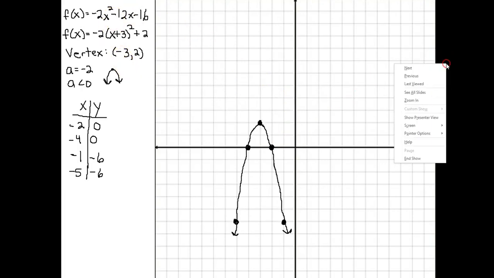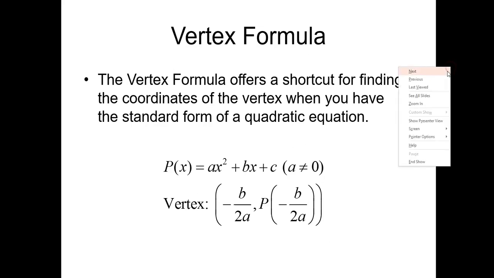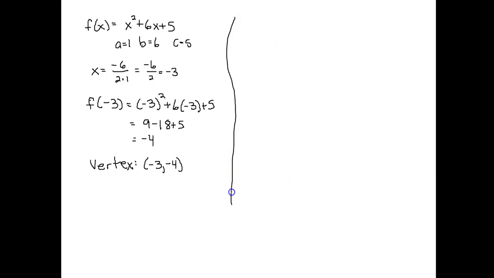The vertex had been at (-3, 2). So let's apply the vertex formula and get that same result. So just another way to find your vertex.